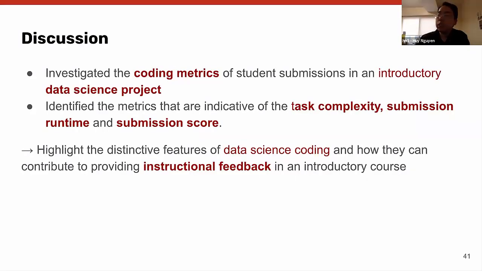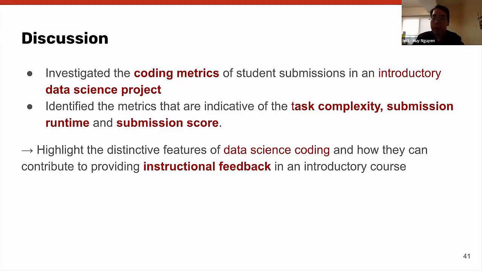So to summarize, our work investigated the coding metrics of student submissions in an introductory data science course as a first step in connecting data science education and programming analysis, through examining a combination of traditional software engineering metrics, which are Halstead volume and cyclomatic complexity, as well as data science specific metrics, which are library codes and solution library code.